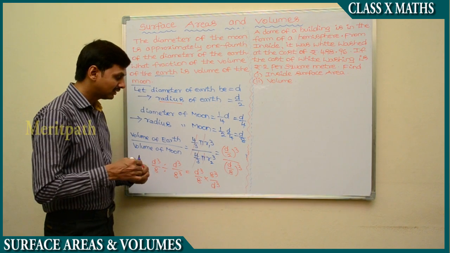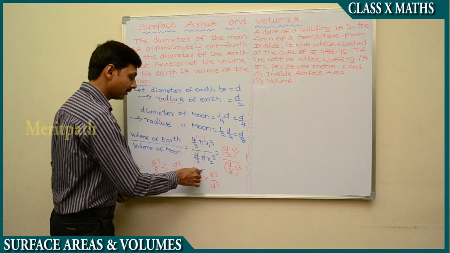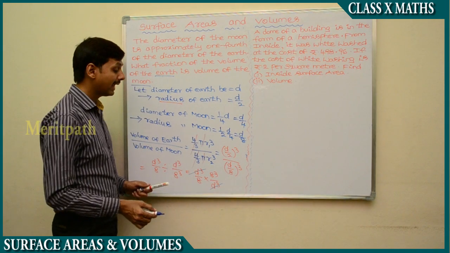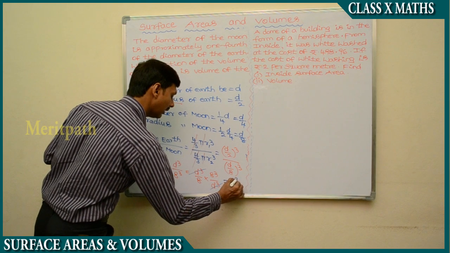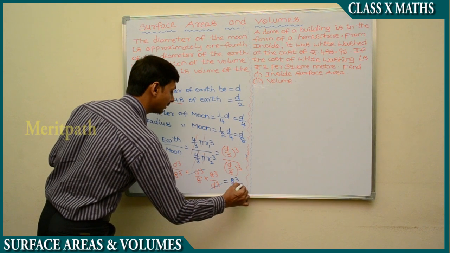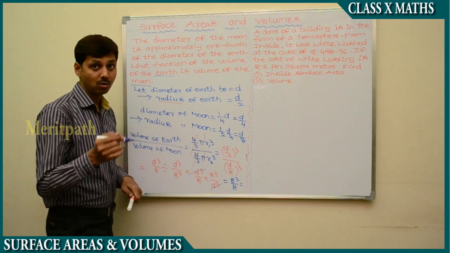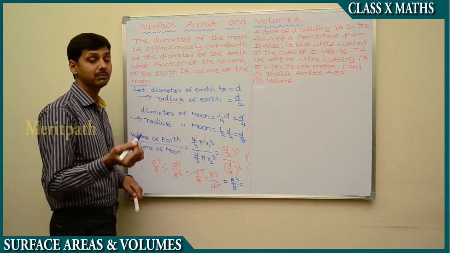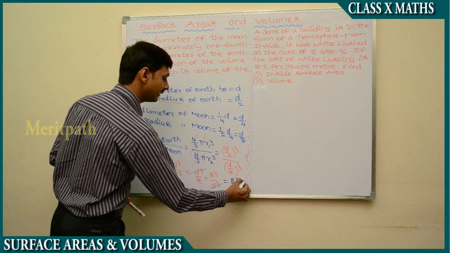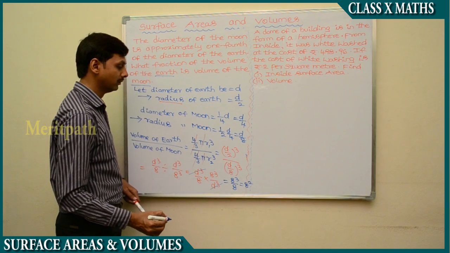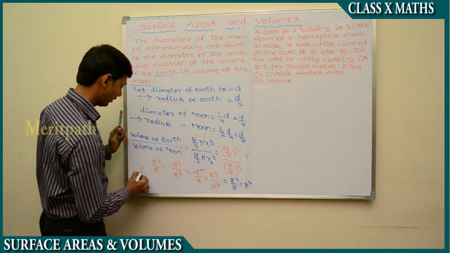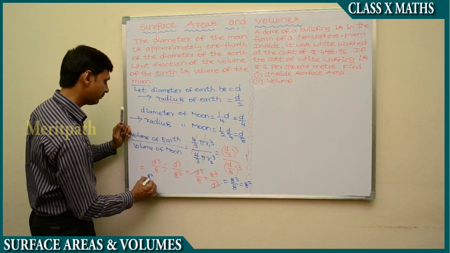The d cube cancels. So we get 8 cube by 8. Using the formula a power n by a power n, we get a power n minus n, so it is 8 power 2.